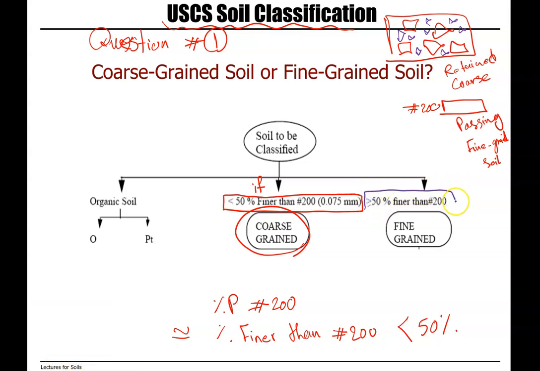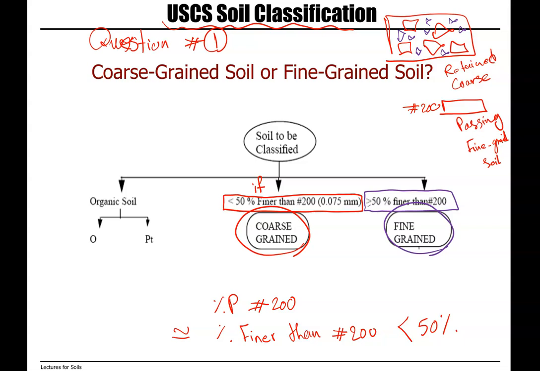But if more than 50% passes through sieve number 200, or more than 50% is finer than sieve number 200, then it means that we have a fine grained soil.